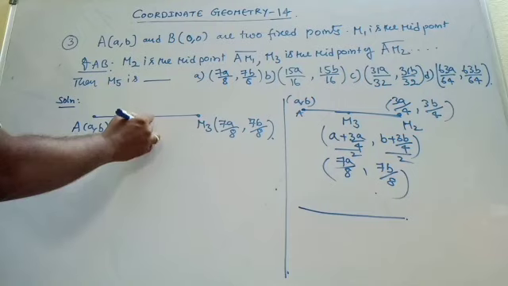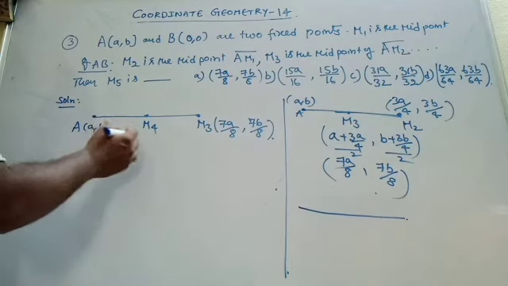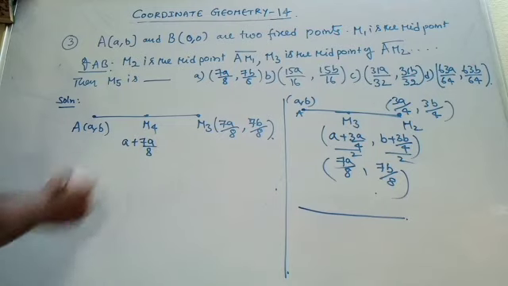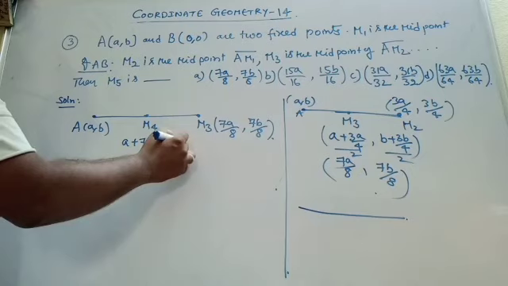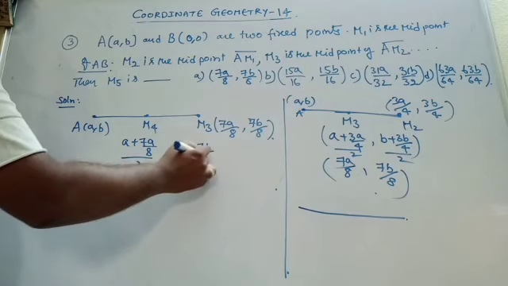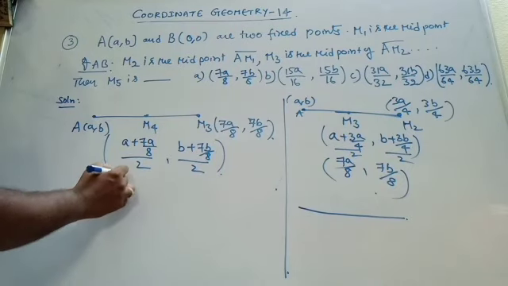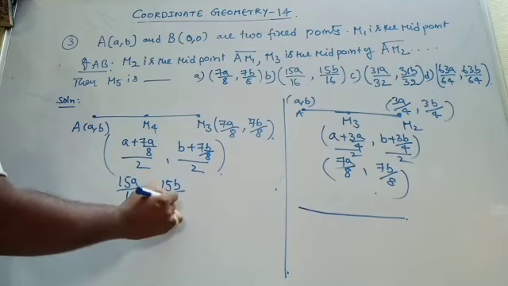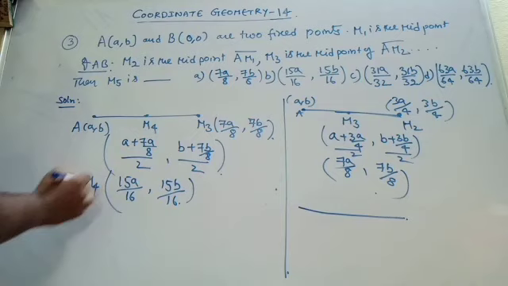You can proceed further like this and you can get a generalized formula also, of course. Now M4 is the midpoint of this, that is (a plus 7a by 8) by 2 and (b plus 7b by 8) by 2. Now that becomes 15a by 16 comma 15b by 16.